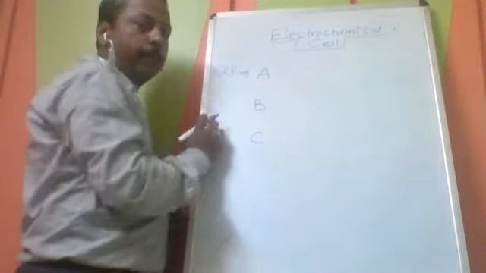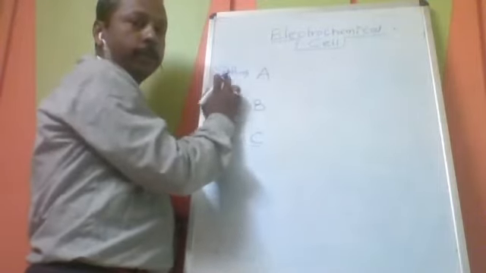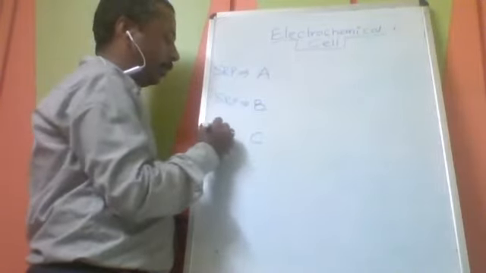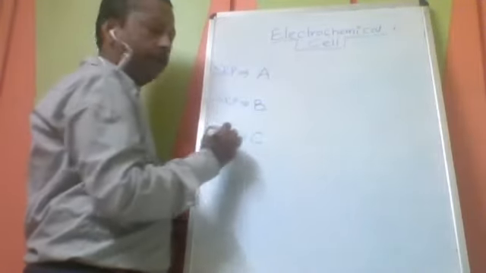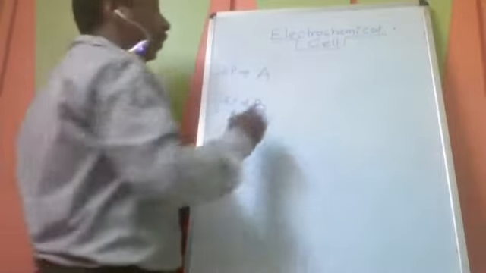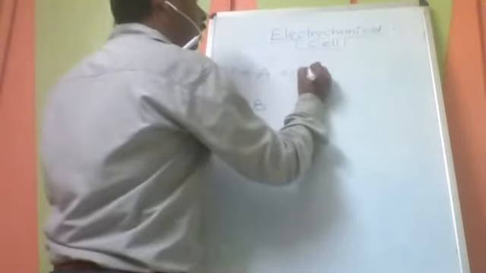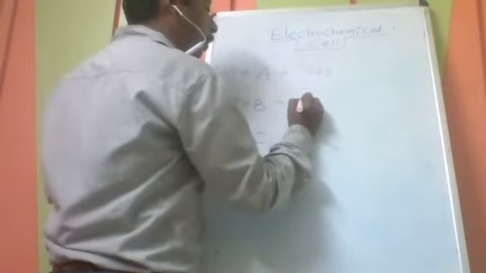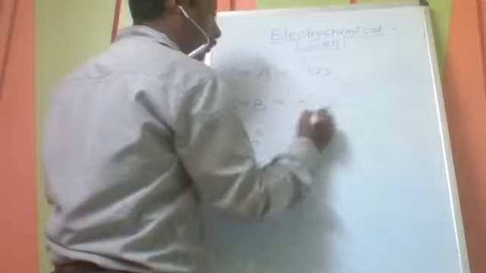SRPs are given: SRP of A, SRP of B and SRP of C. SRP of A, let us take minus 1.23, and SRP of B is plus 0.57.